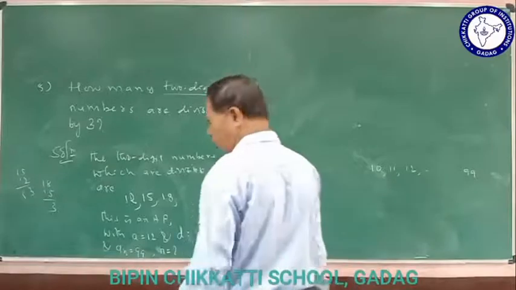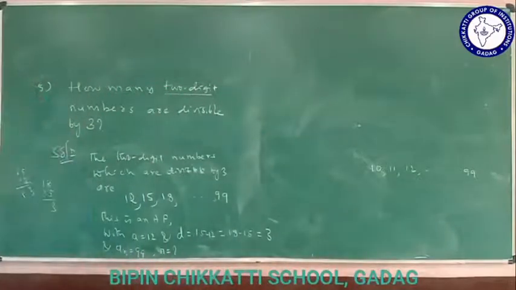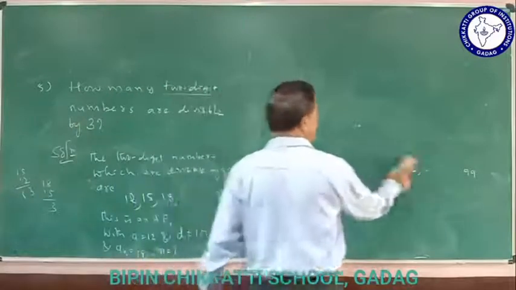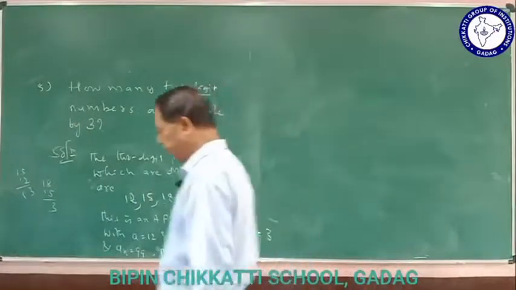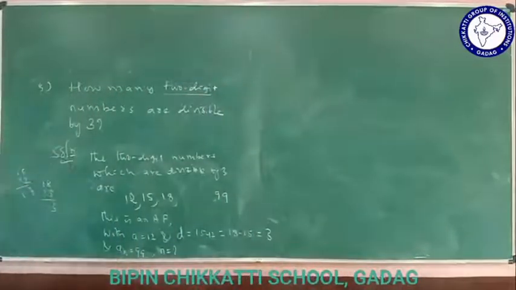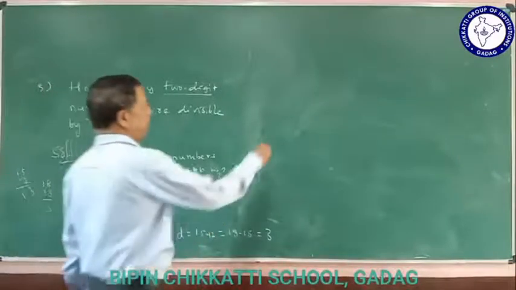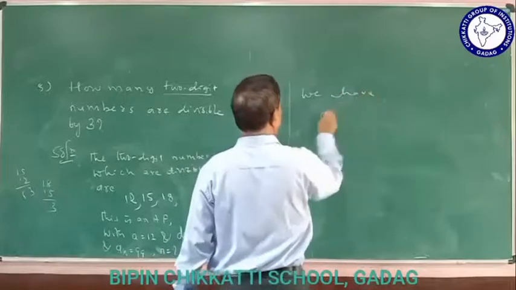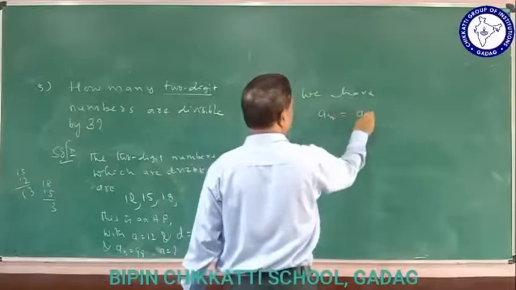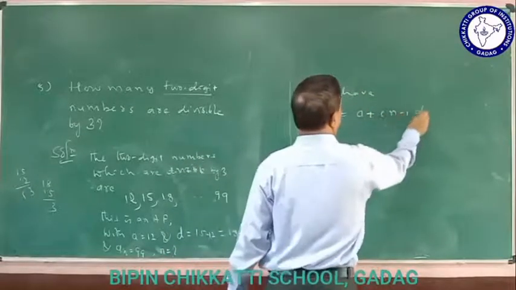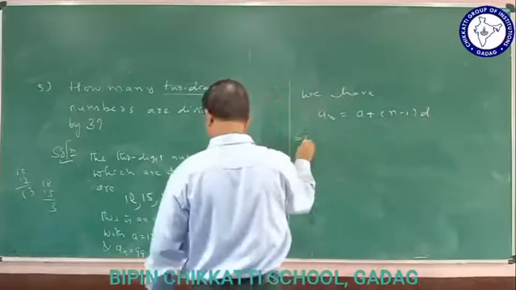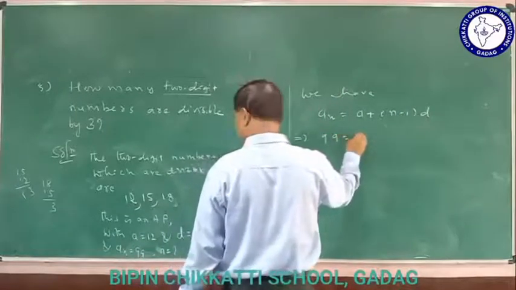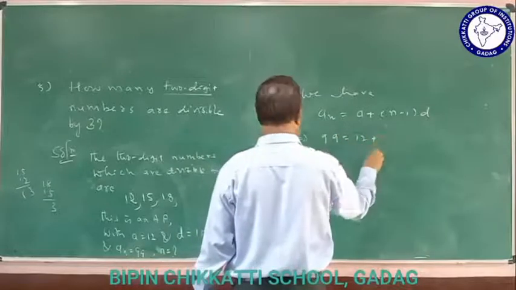Now let us use the formula that we have already seen: a_n = a + (n minus 1) d. a_n is given, 99, equal to a, which is 12.